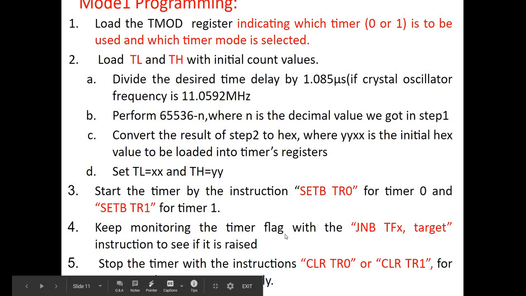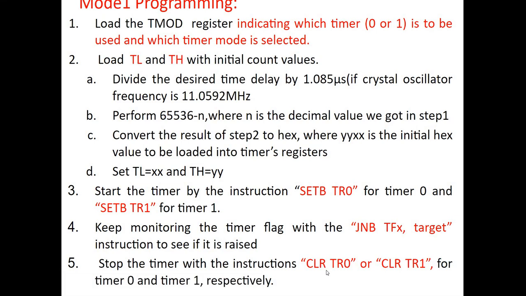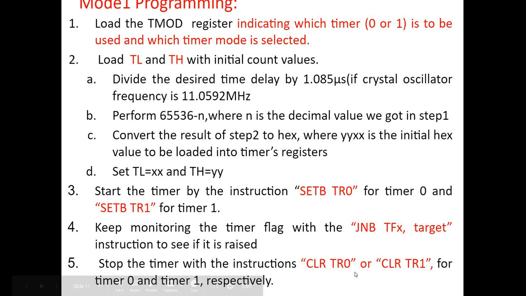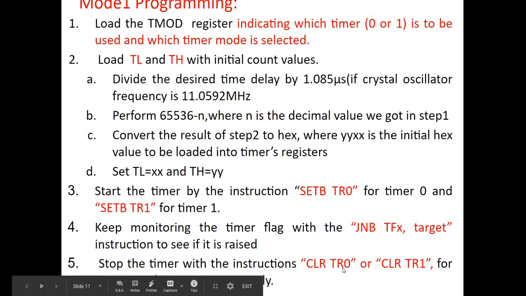When this timer flag is raised, whenever it becomes 1, we need to stop the timer. The instructions used to stop the timer are CLR TR0 for timer 0 and CLR TR1 for timer 1.